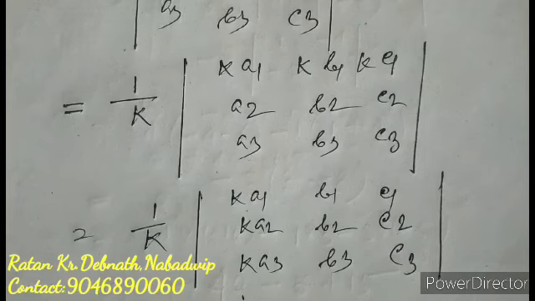I think you properly understood the property 4. Now we'll go through the property number 5.